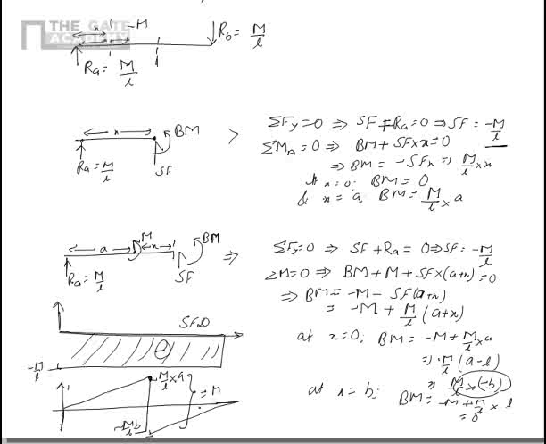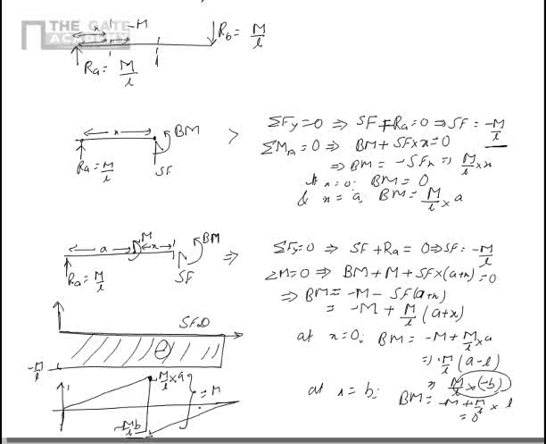Now let's see how to draw shear force and bending moment diagrams for some cases which are composites, in the sense that there are forces as well as moments acting.